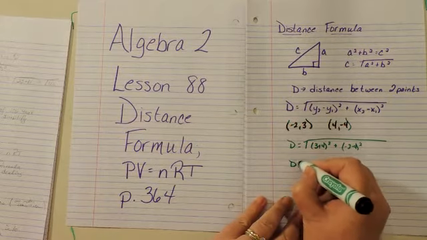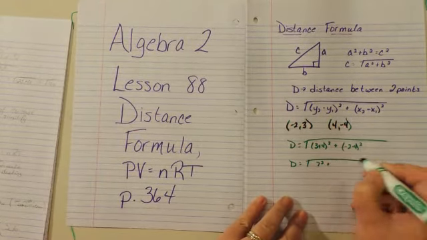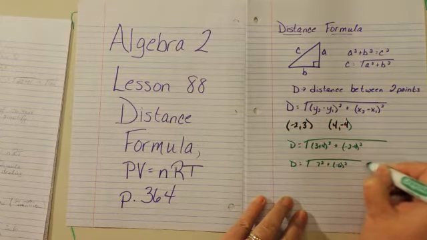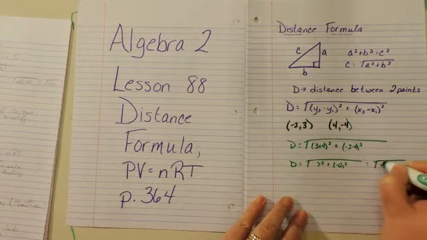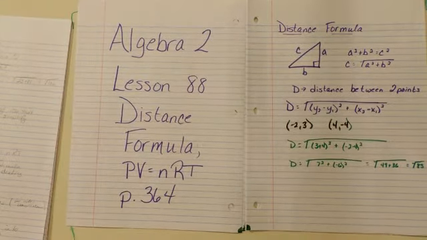Okay, so D equals the square root of 7 squared plus negative 6 squared, which equals the square root of 49 plus 36, which equals the square root of 85, which is exactly what we came up with before.